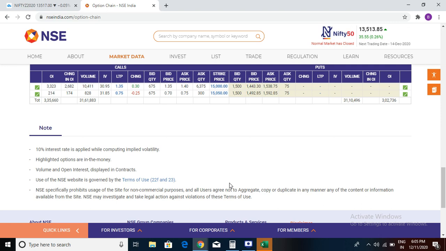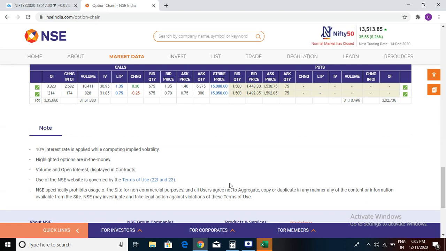As we have to see the option chain according to the option writer, if more puts are being sold, then it means the market can be bullish. Means if PCR is going more than 1, the market can be bullish. If PCR is going less than 1, the market can be bearish, because then calls are being written more than puts.